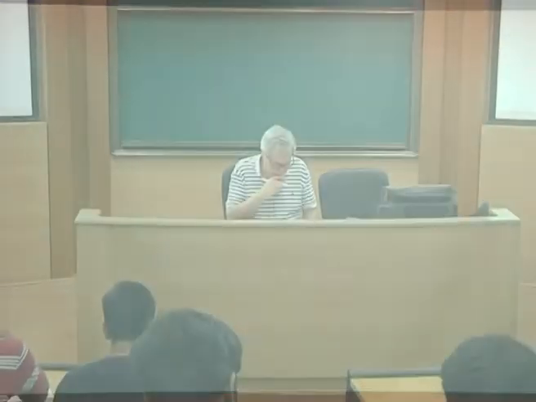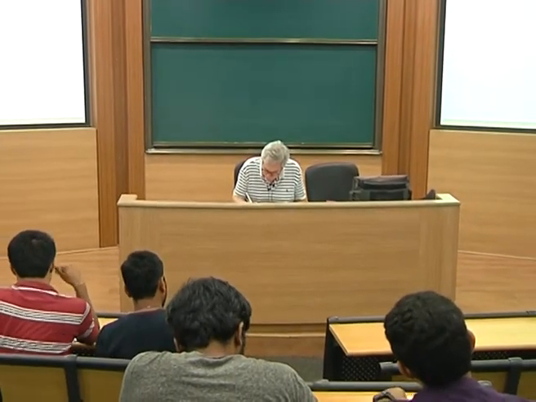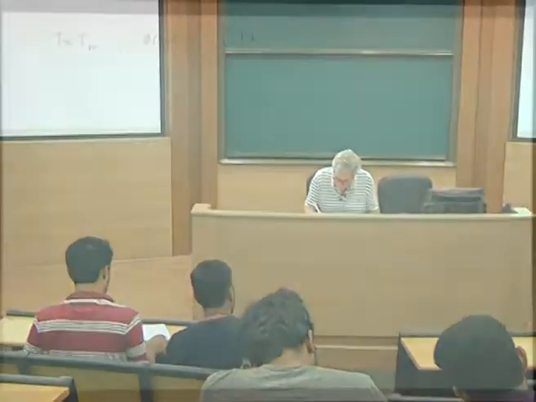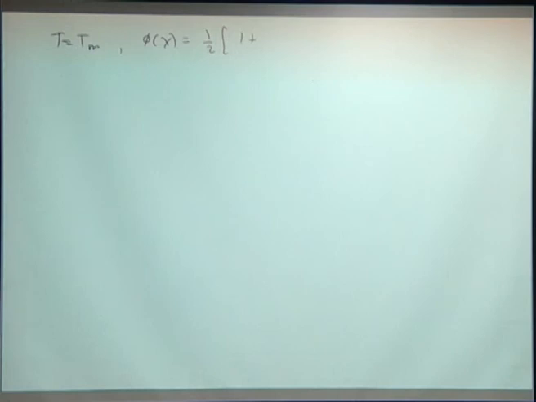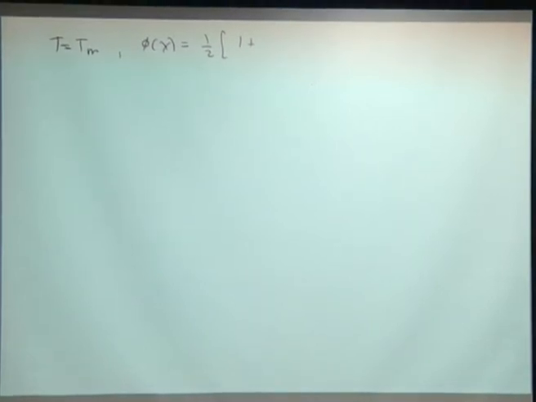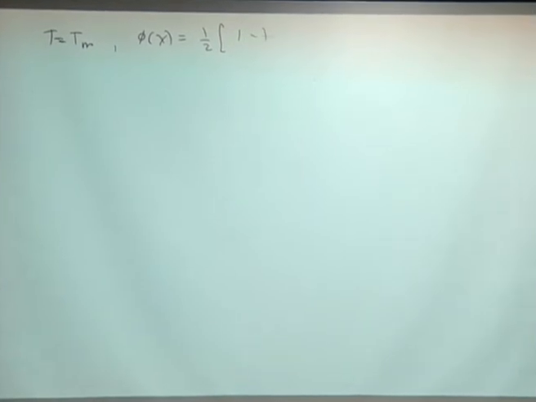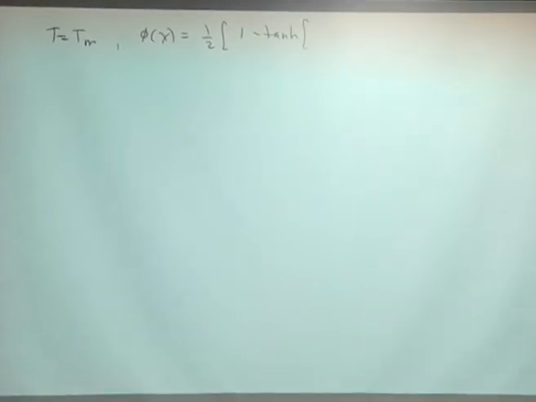Okay. So T is equal to Tm. We have all the results that I gave you that we derived at the beginning. 1 minus tangent, 2 delta.